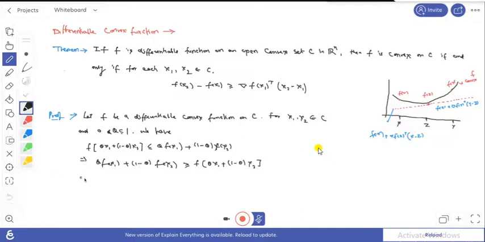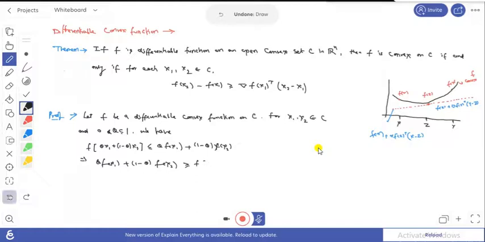You can rewrite this function in this form: f(x2) minus f(x1).